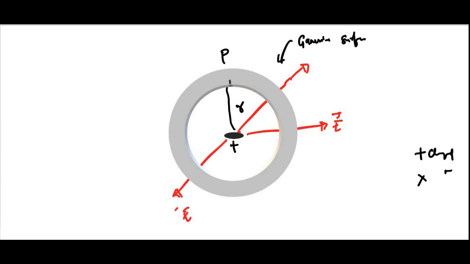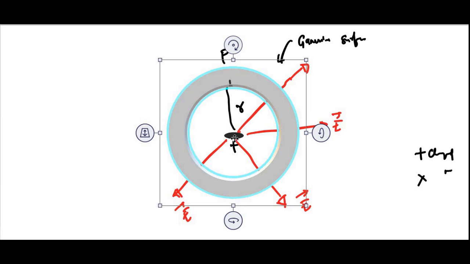In every direction, an infinite number of electric field lines will be there. Let us rotate it again.